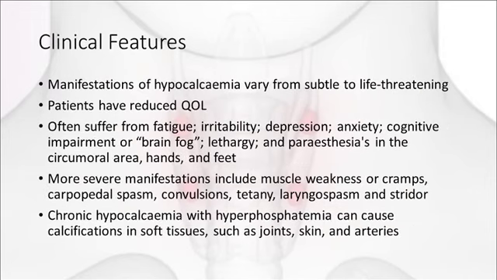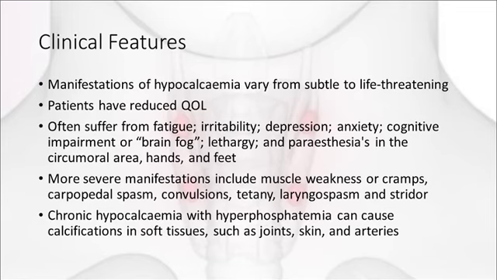The clinical features of this disease include a manifestation of hypocalcemia, which tends to range anything from being very subtle to extremely life-threatening. Patients generally have a reduced quality of life and often suffer from fatigue, irritability, depression, anxiety, cognitive impairment, and even brain fog, as well as lethargy, paresthesias in the circumoral areas, hands and feet.